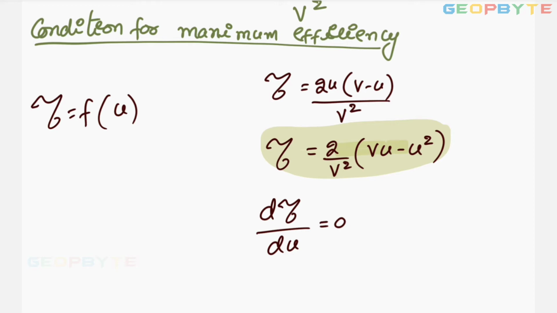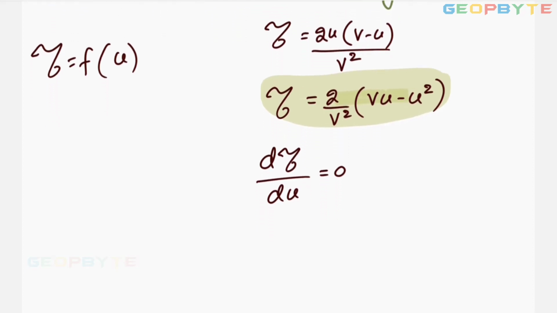The plate velocity is changing. So the efficiency is maximum only for a particular value of U. To know that value, I am differentiating the efficiency with respect to U and equating to 0.